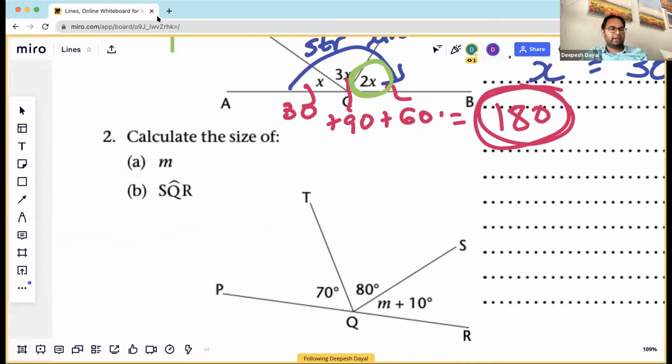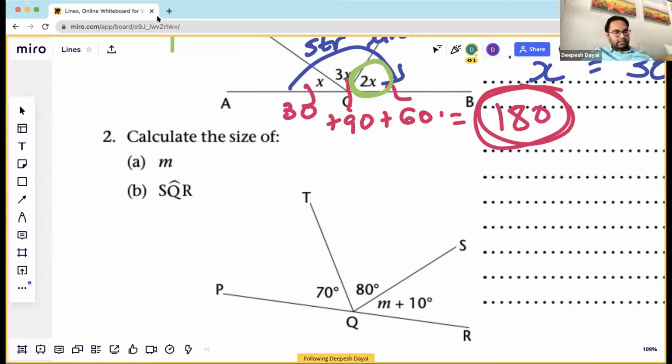But let me know what you get for M. So 20.